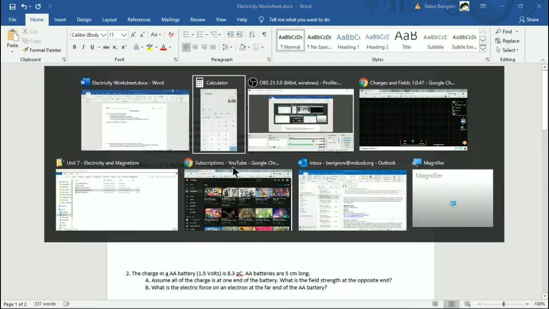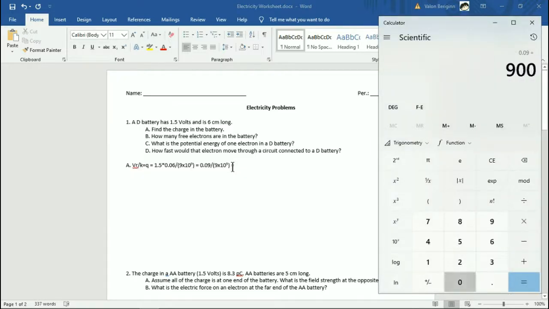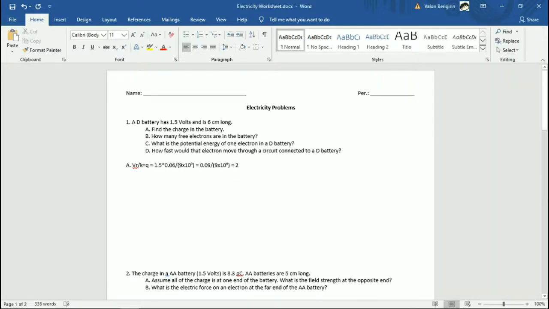That's actually pretty simple, because it's just divided by 9 billion. That's 1 times 10 to the negative 11. So it's 10 to the negative 11 coulombs. That's the charge.